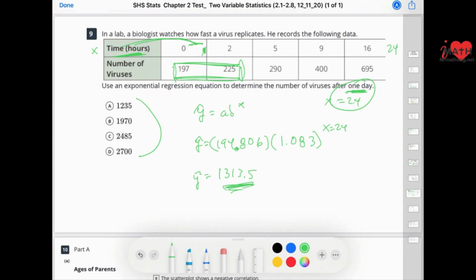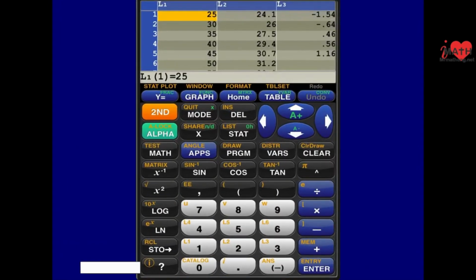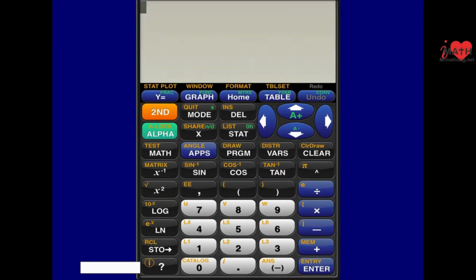Okay, this number is using the table value. Of course it's not close to that number, it's close to that number. So let's go ahead and put this into my calculator. Take a picture, I can actually do this. Don't quit on me now.